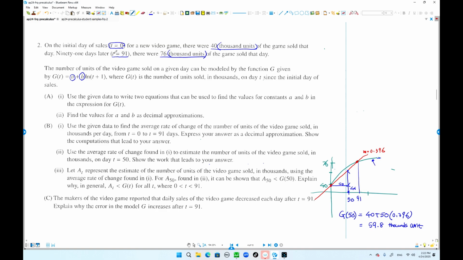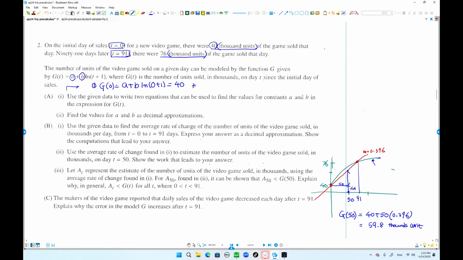When t equals 0, put this number, t equals 0, and I'm going to write it down over here. The answer looks like this: with t equal to 0, a plus b ln(0 plus 1) equals 40,000.